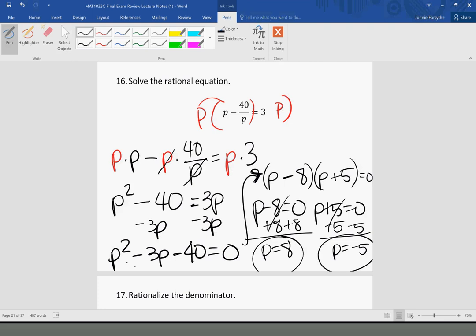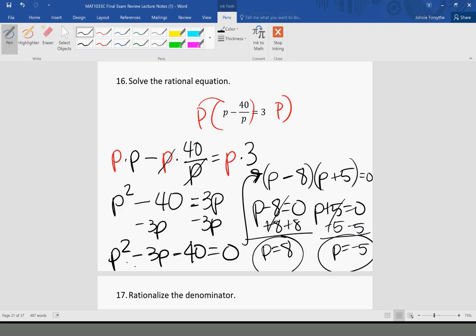It's helpful also to plug these in to check your answer, not to solve them, but to check it. So if we're checking 8, if we plug it back in for p, we'd have 8 minus 40 over 8, which is 5. So we have 8 minus 5 equals 3. So that does work. If I check the negative 5, I have negative 5 minus 40 divided by negative 5.